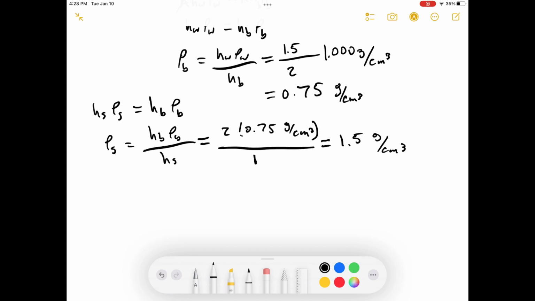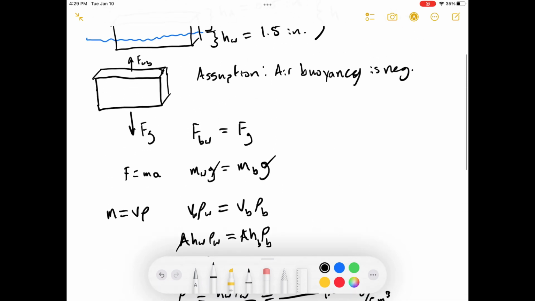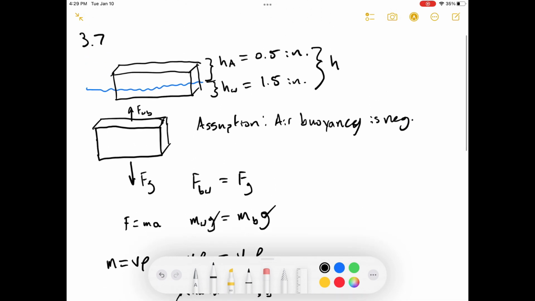And let's check to see if this makes sense. If the solution is more dense than pure water, then the block should float even more on the solution than it should float on the water. So it should be higher out of the solution. And let's check. So for water, it was low in the solution, 1.5 inches.